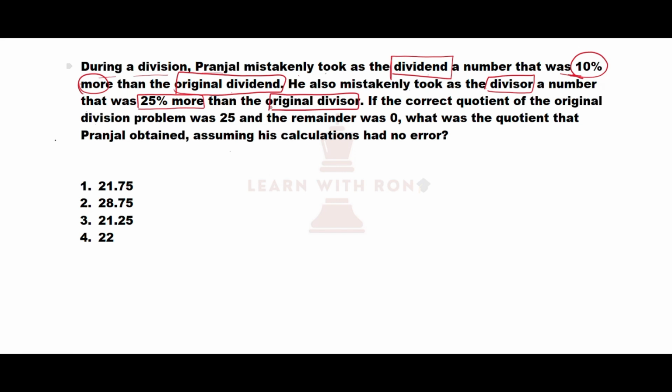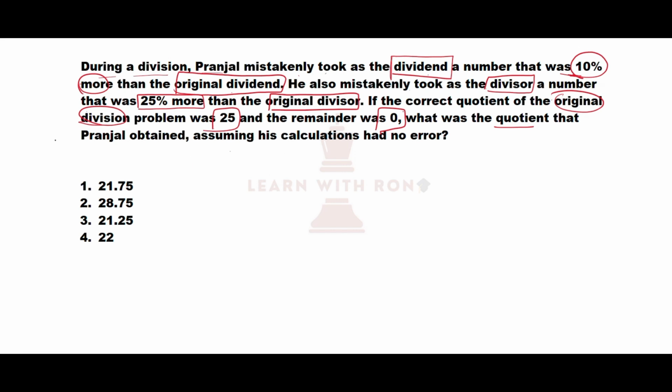If the quotient of the original division is 25 and the remainder was 0, they asked what is the quotient for the new values.